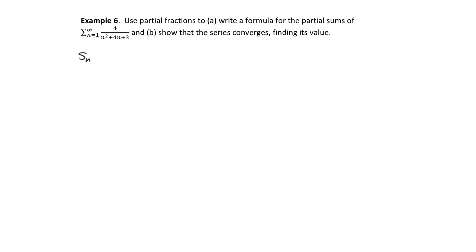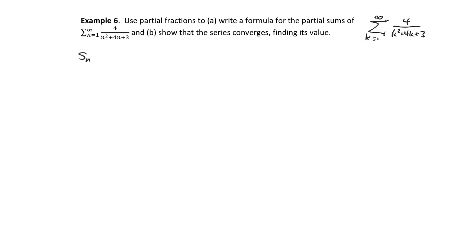So over here on the side, I'm really going to think about this as the sum, and we can just use a different variable, right? k equals 1 to infinity of 4 over k squared plus 4k plus 3. I'm going to think about it that way instead with a different variable so that I can look at s sub n where I add up the first n terms.